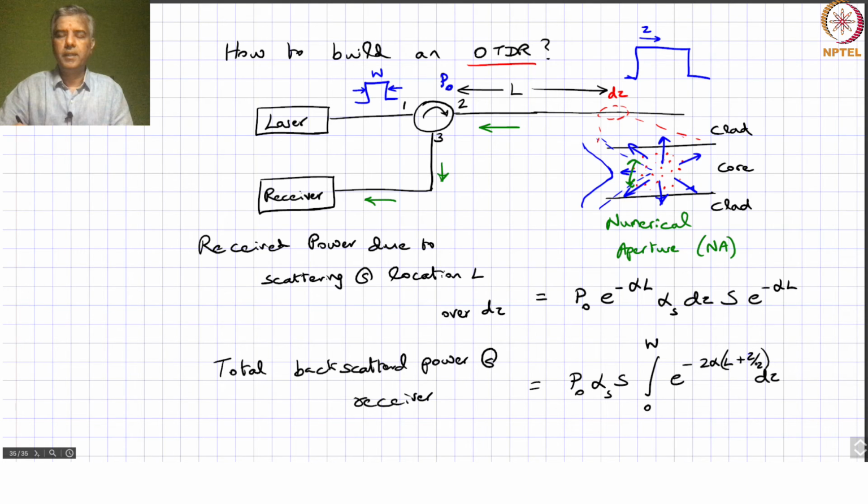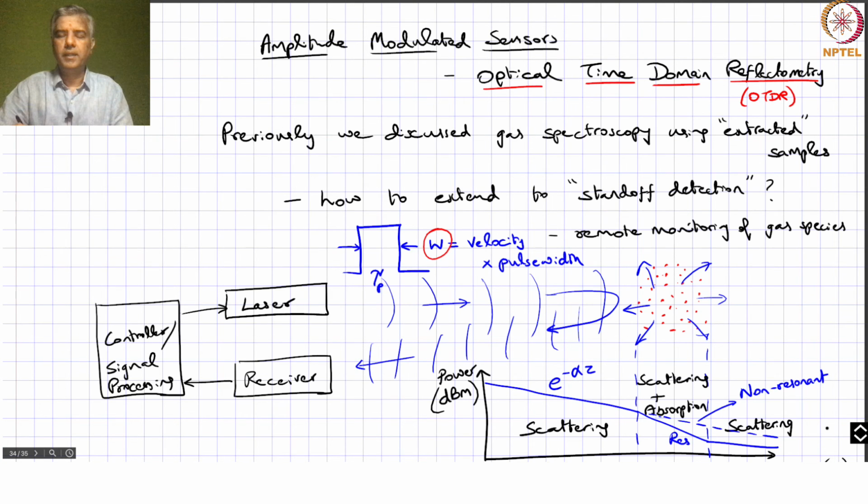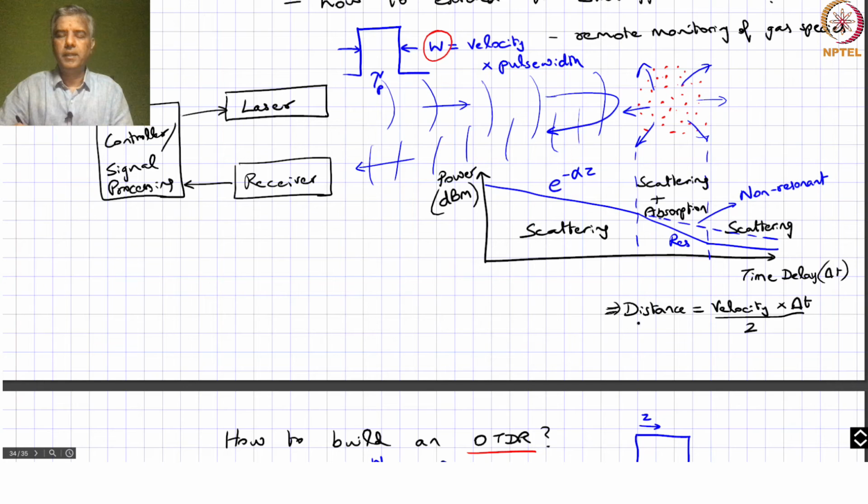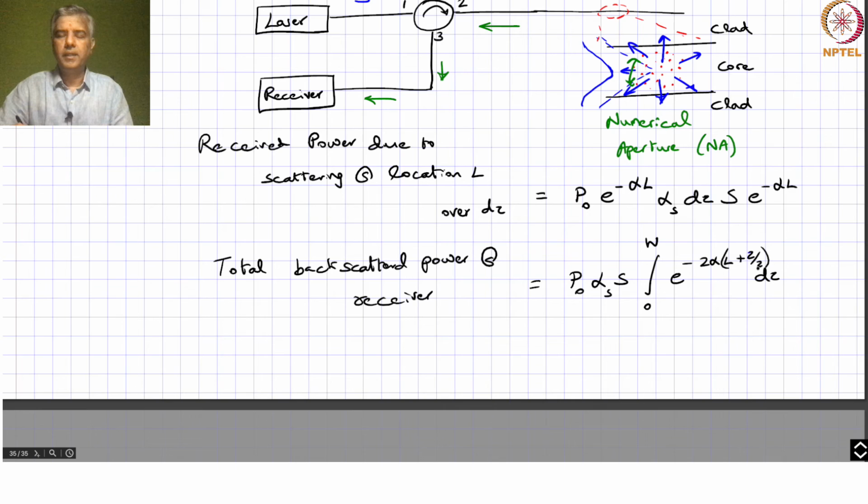I'm putting Z by 2. Why? Because what we are looking at is the round trip quantity. As we discussed over here, when we look at the round trip, the single pass distance is basically the round trip distance divided by 2, and that is what we are denoting over here. So this corresponds to z by 2.